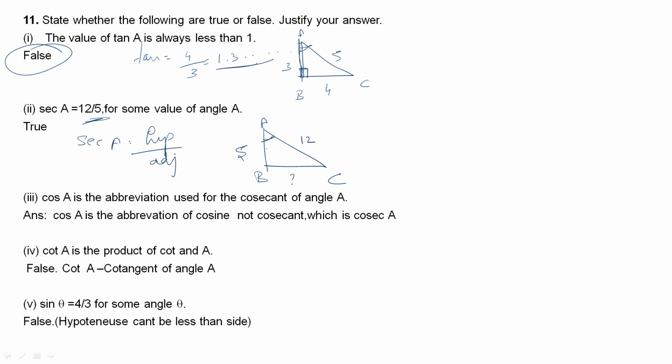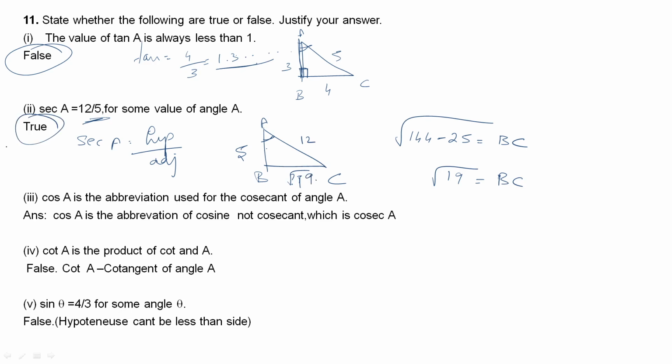So you have to find BC. If I find BC, then it is 144 minus 25, right? What will be the answer for this? It is coming to root 119. So there is some value which exists, which satisfies the equation.